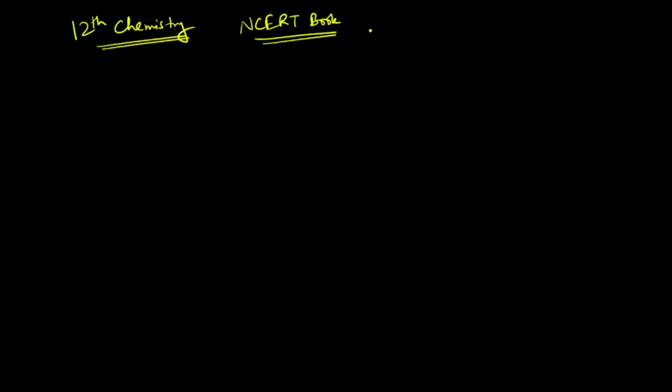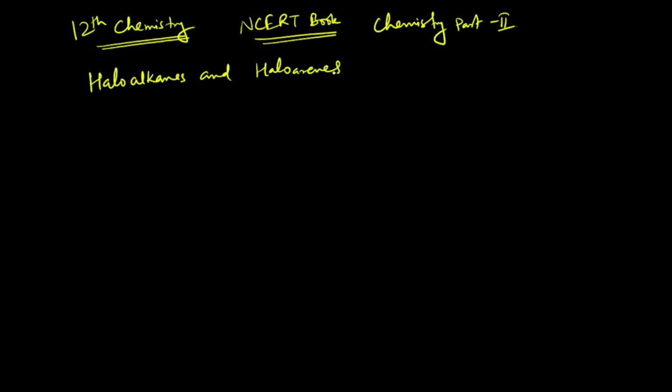So this will be your chemistry part 2, 12th class chemistry part 2, and in that, the first unit we are discussing is haloalkanes and haloarenes. We are discussing haloalkanes and haloarenes today.